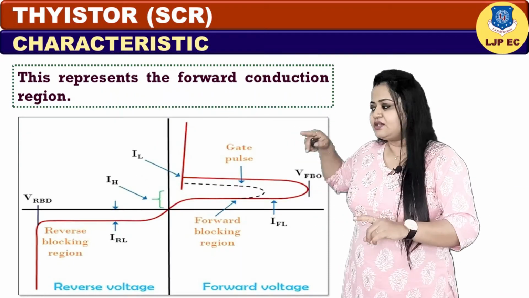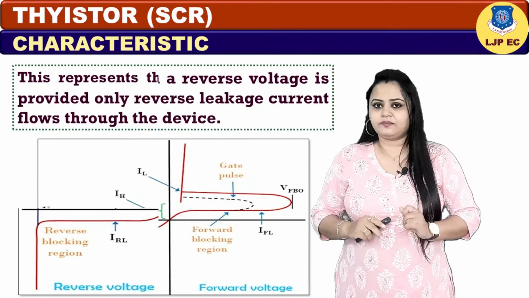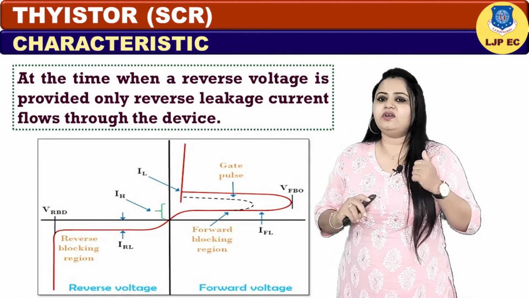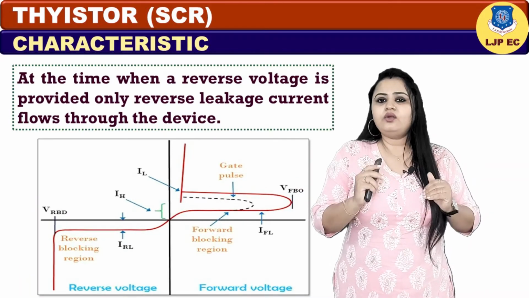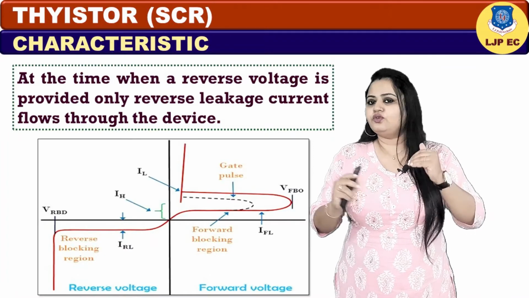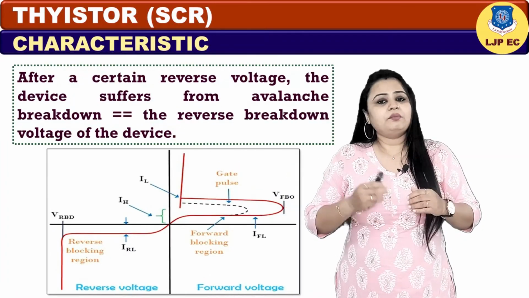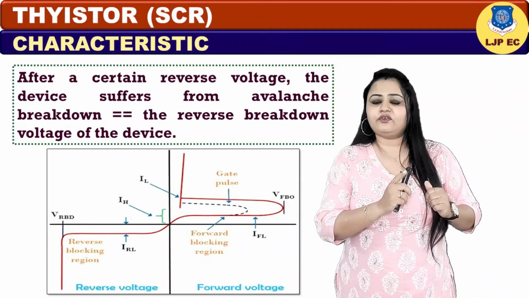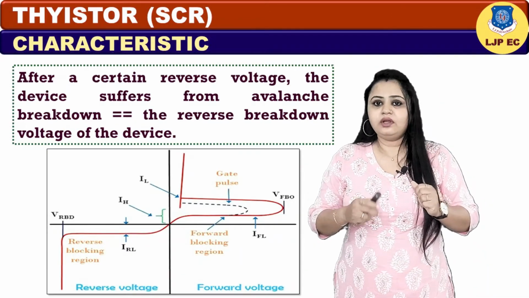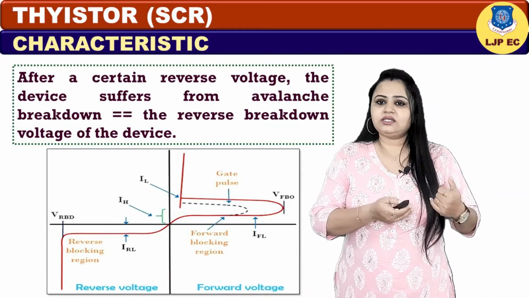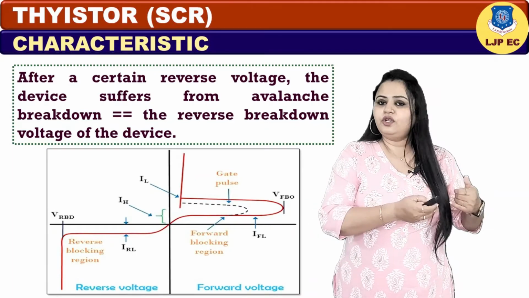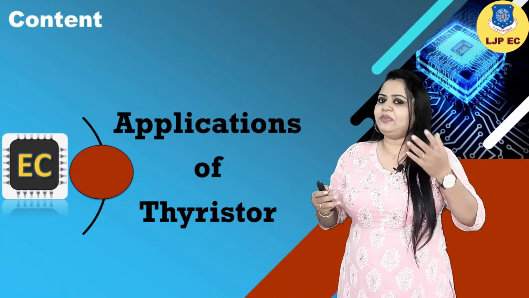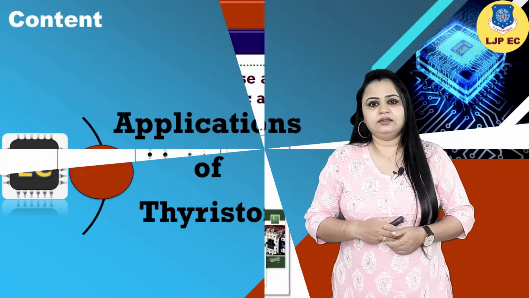This represents forward conduction region. At the time when reverse voltage is provided, only reverse leakage current flows through the device. But after a certain reverse voltage, the device suffers from avalanche breakdown, and this voltage is termed as reverse breakdown voltage of the device.